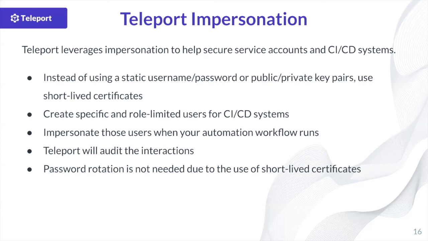Teleport's going to audit this interaction. And of course, we do not necessarily need to do password rotation because of the use of short-lived certificates. And I'm going to sound like a broken record because I keep mentioning short-lived certificates, and that is really key because that is the tenet behind Teleport and what we're leveraging. Certificates expire. Public-private keys do not. Passwords, although they should, necessarily aren't rotated as often as they should.